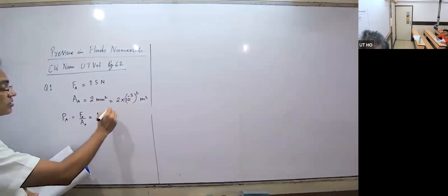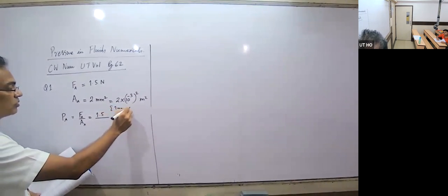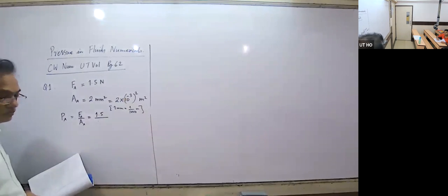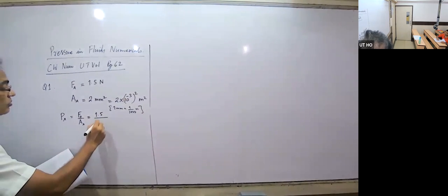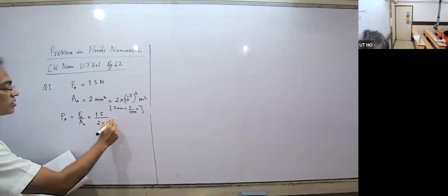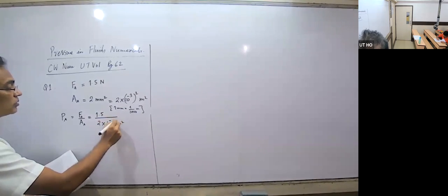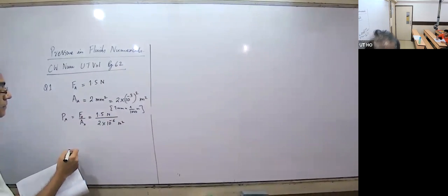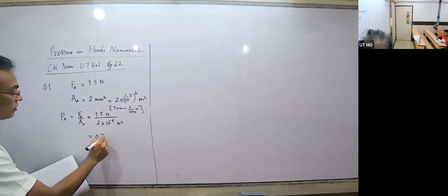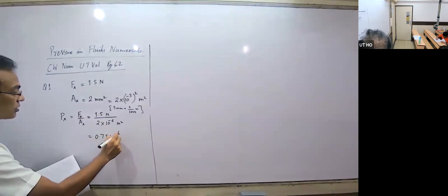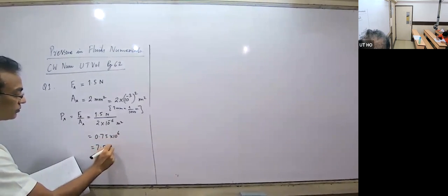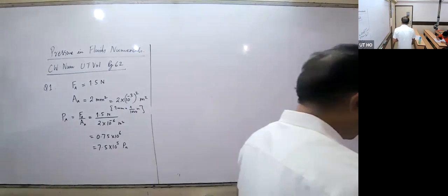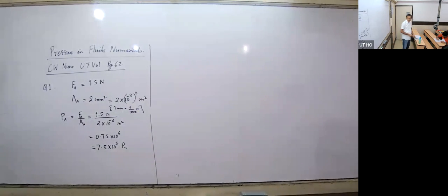Hope you're familiar, since what is 1 millimeter? 1,000th of a meter, right? So this is 10 raised to minus 3. So this will be 2 into 10 raised to minus 6 meters square. This is Newton. So now how much would this be? This would be 0.75 into 10 raised to 6.